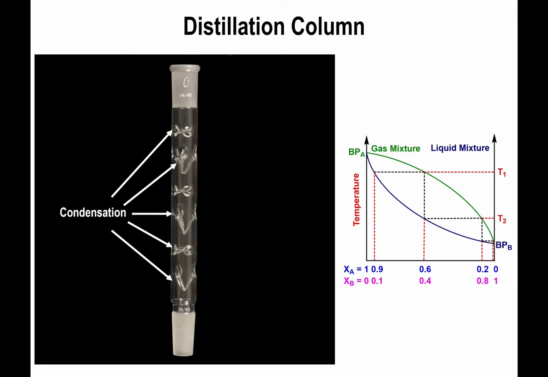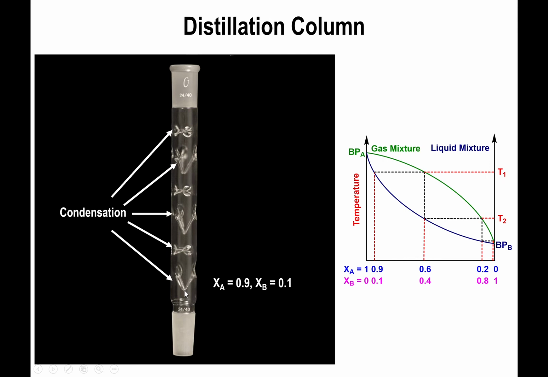So here I'm just kind of showing you a zoomed in version of the condensation, the fractional distillation column, and you see the spikes right here where each one of those condensation events takes place, right? So initially you start with 90% A, you touch that spike, you recondense the liquid.